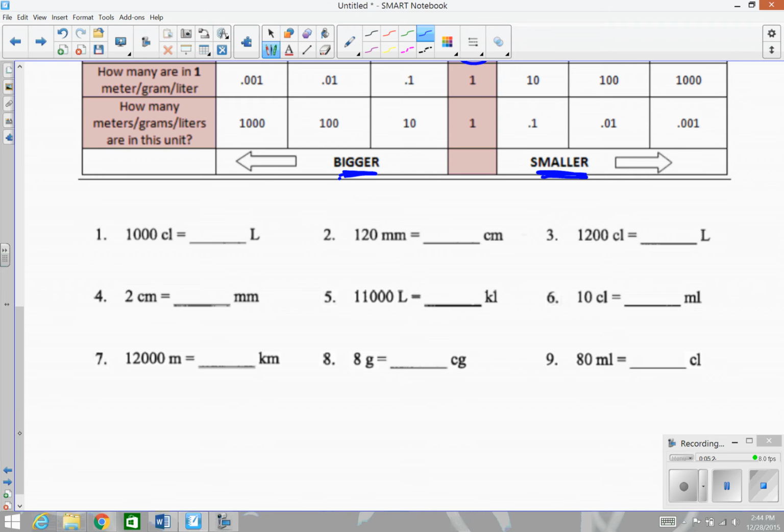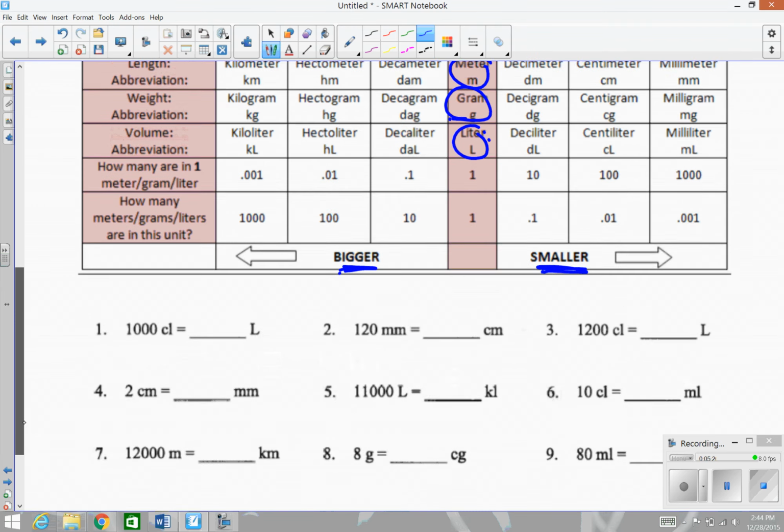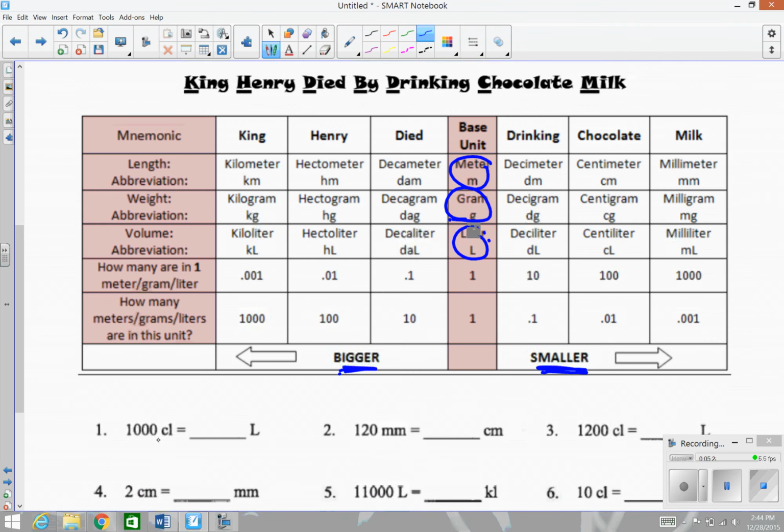So we have some practice ones here. We have 1,000 centiliters, so that's right here, and we want to convert that to liters. From centiliters to liters, I'm moving 2 spaces to the left. So I'm going to take my decimal and move 2 spaces to the left. I get 10 liters.